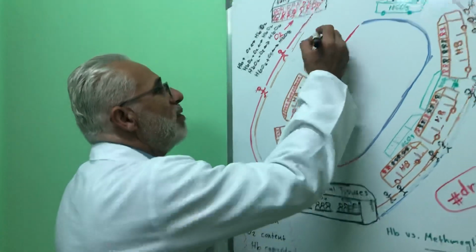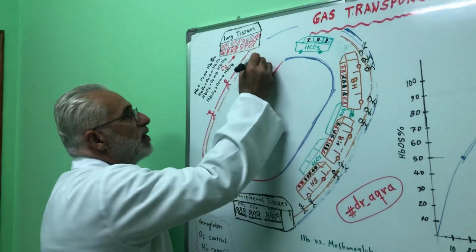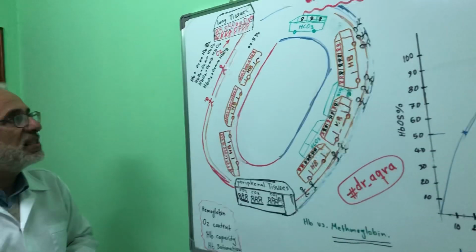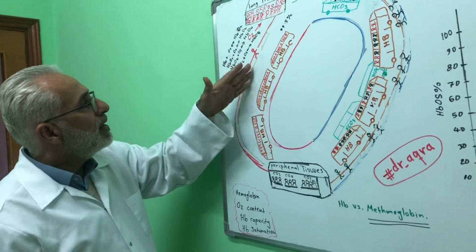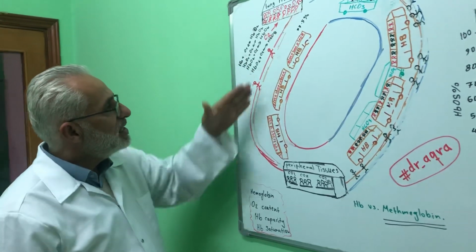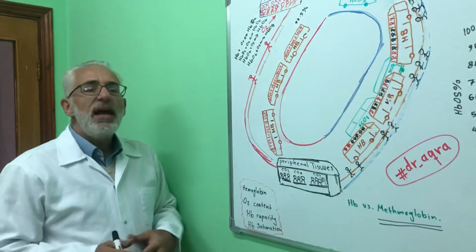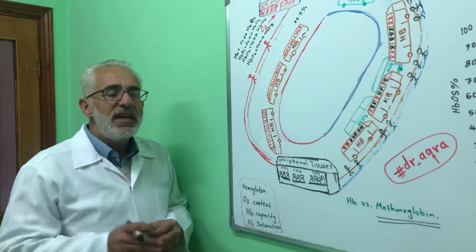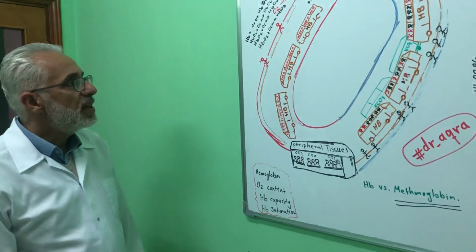Okay, about 97.5% of hemoglobin in the blood is saturated with oxygen, while only 1 to 2% of oxygen is transported as dissolved gas. For that, the transport of oxygen as dissolved gas is not sufficient to sustain the needs of the peripheral tissue.